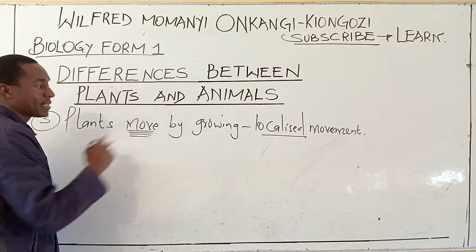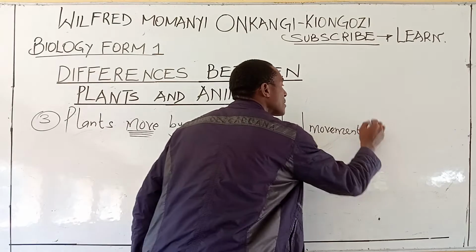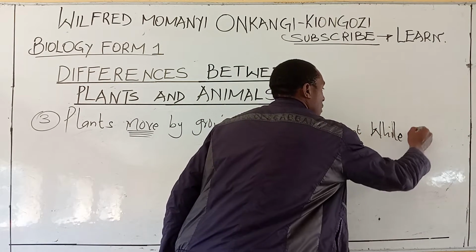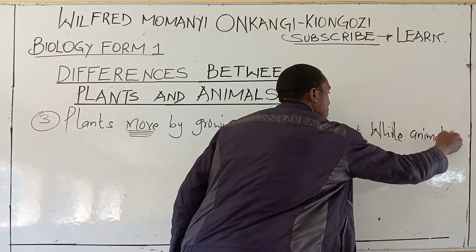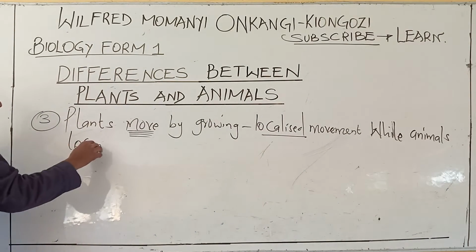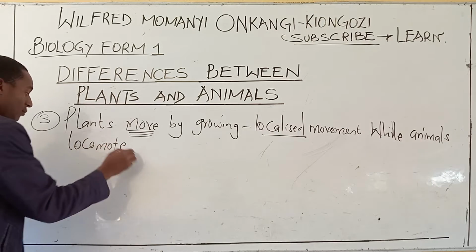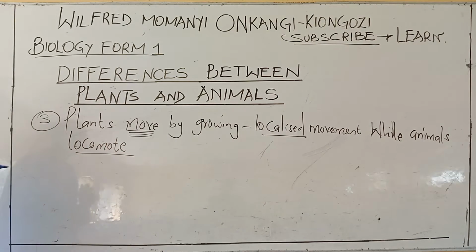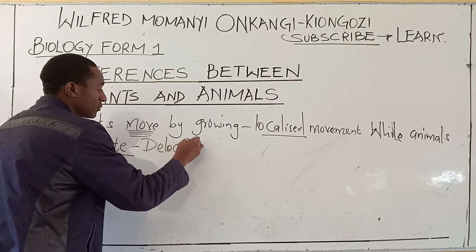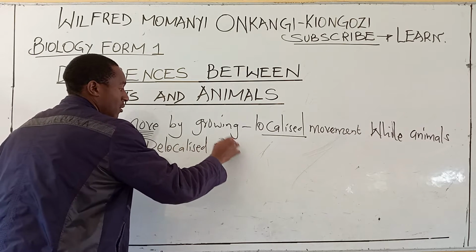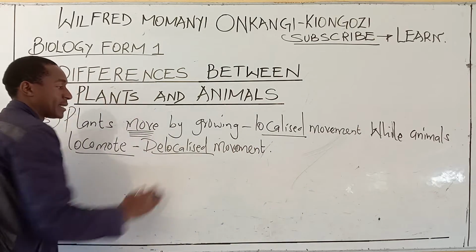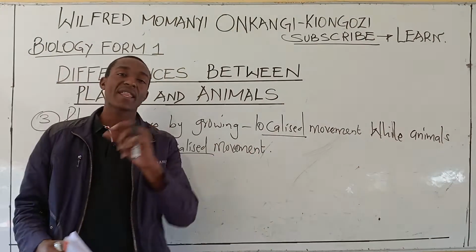That is movement. While animals locomote. Locomotion in animals is delocalized movement. In other words, they are moving from one point to another.